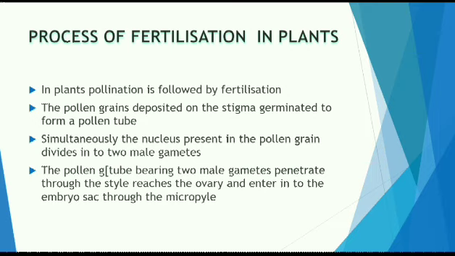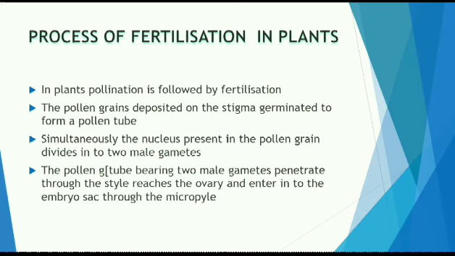Process of fertilization in plants. In plants, pollination is followed by fertilization. Okay, if pollination is not there, fertilization will not be there, because inside the pollen grain the male gamete is there, and inside the ovule the female gamete is there. The pollen grain will be deposited at the tip of the stigma.